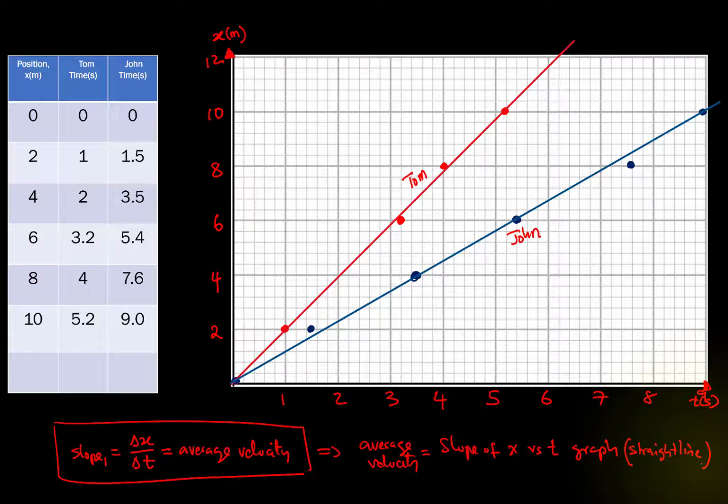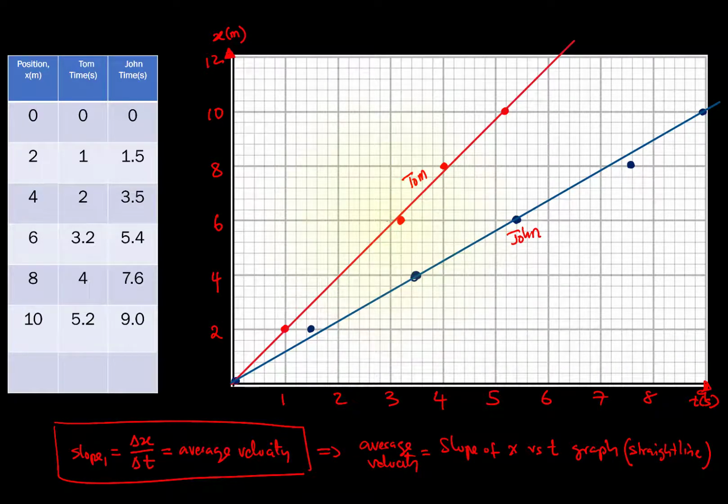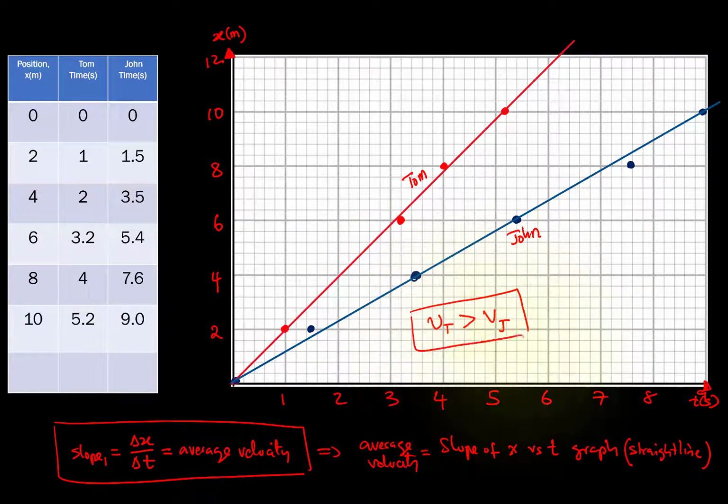So obviously, from the graph, you can see that the slope for the graph that describes how Tom's position changes is way greater than that for John. So we can conclude that v of Tom is greater than v of John, simply by looking at the graphs.